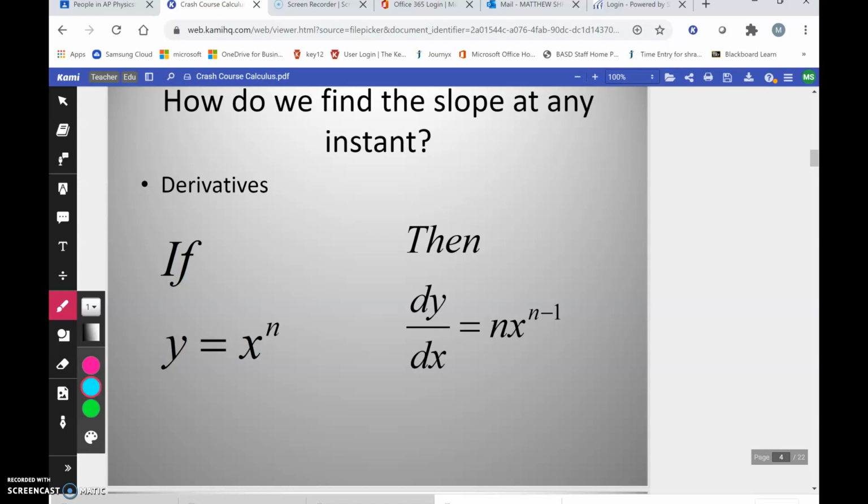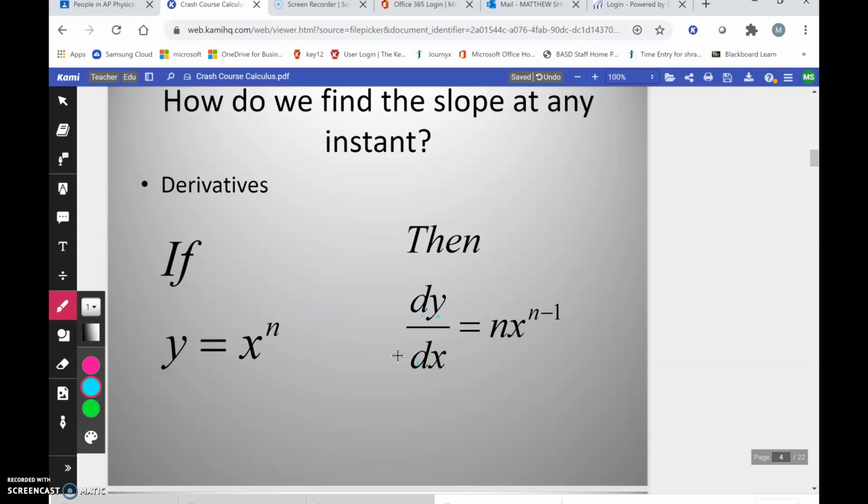If we have some function y equals x to the n power, then the derivative of that function with respect to the variable x, and don't think that this d is another variable, it's not, dy/dx is equal to n times x to the n minus 1 power.